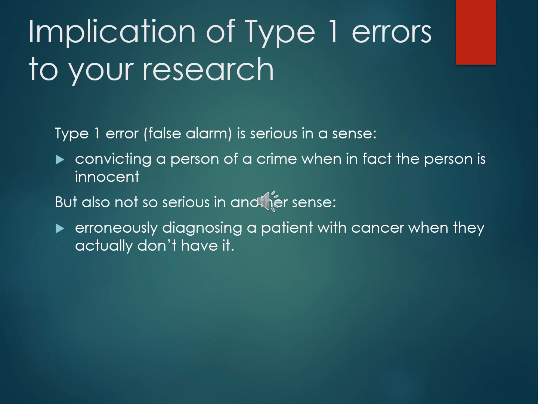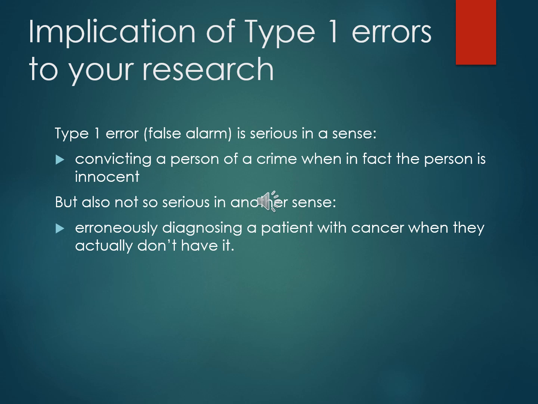In deciding whether to use a small alpha or a large alpha, we need to be concerned about which of type 1 and type 2 error is more serious. So, the implication of type 1 error. Type 1 error is serious when convicting a person of a crime when in fact the person is innocent, but it is not as serious in another case, such as erroneously diagnosing a patient with cancer when they actually don't have it.